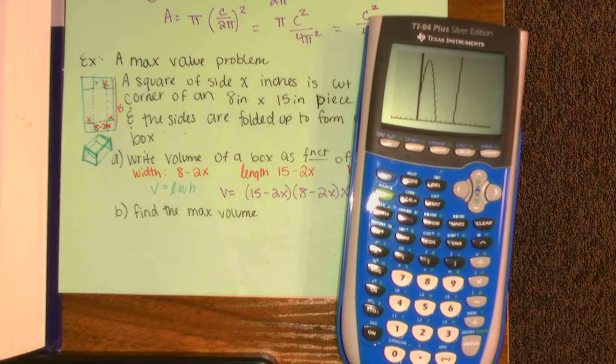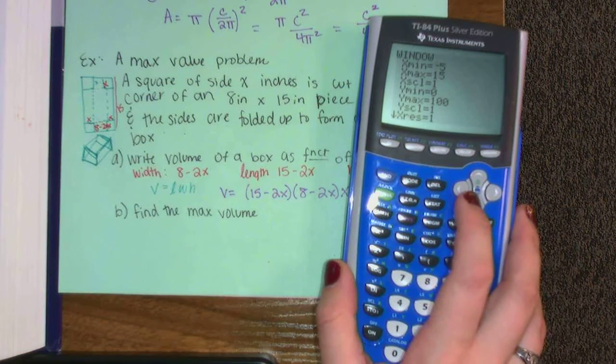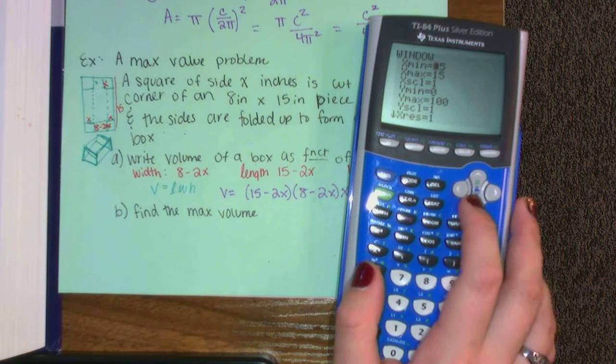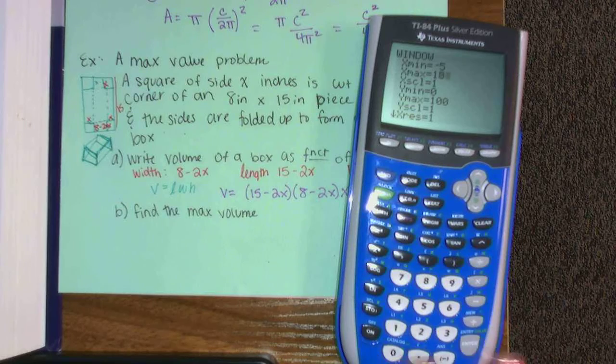Go change your window to basically this. I don't really need this to be negative 5, and I'm just going to go out to 10 here. That'll make it a little nicer. Hit window, the gray button at the top.